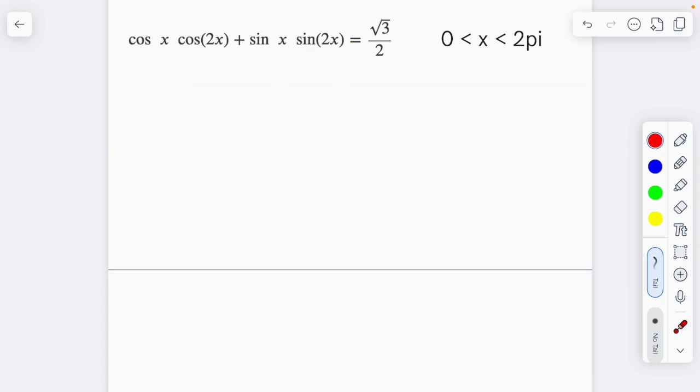What can it be rewritten to? We can say this is going to equal cos of x minus 2x, using the compound angle formula, and that's equal to root 3 over 2. Now what is x minus 2x? Well, that's minus x.